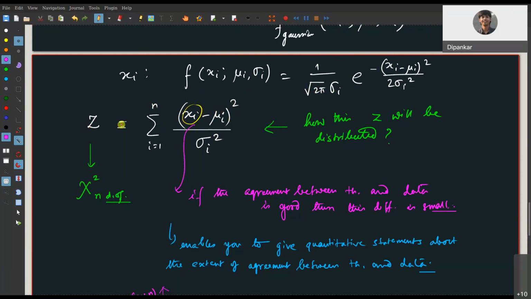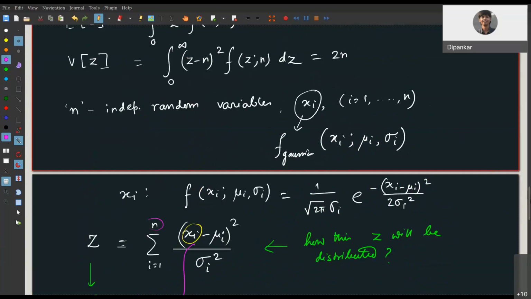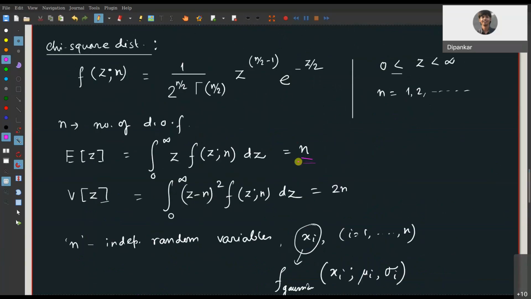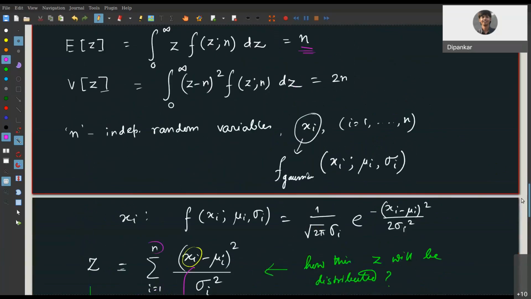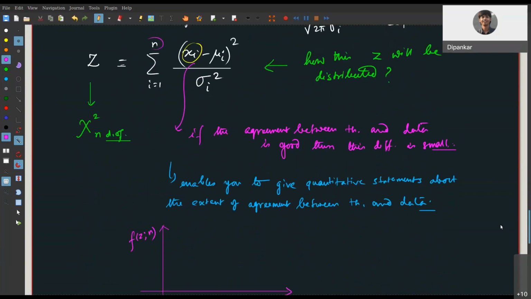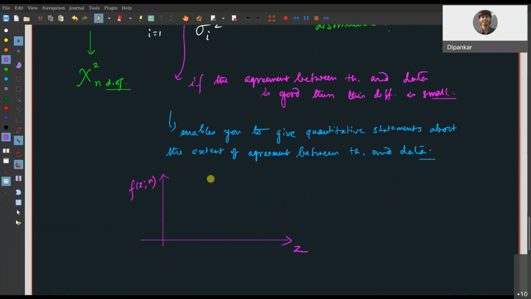That means the average value of z will increase as you increase n, and that's why the average of this distribution goes as n. More sources of error make you prone to more mistakes, and all those mistakes add up because you are using squares here. So suppose I have 5 such measurements and I plot for n equals 5. The plot might look like this, I don't know. You should check plots of chi-square for many different reasons.